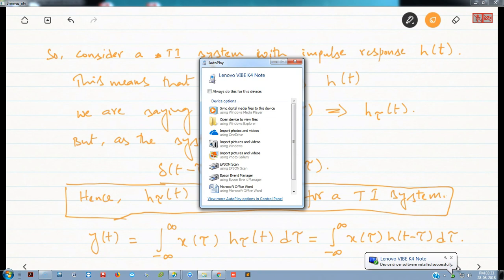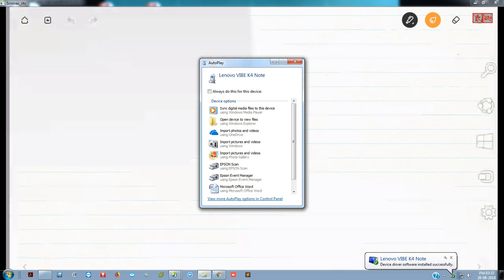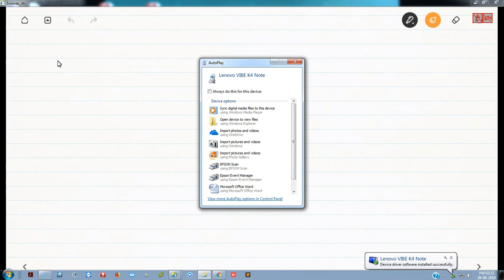So this is the final equation that we wanted for a linear time invariant system. I'm just summarizing whatever we discussed today, so that we can stop this class after this summary.